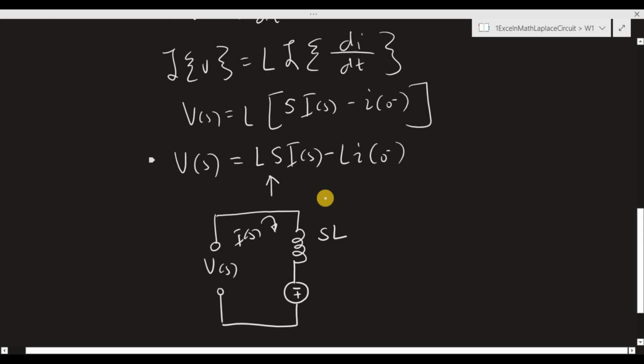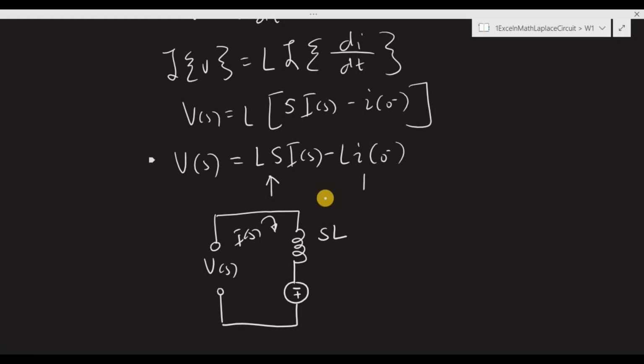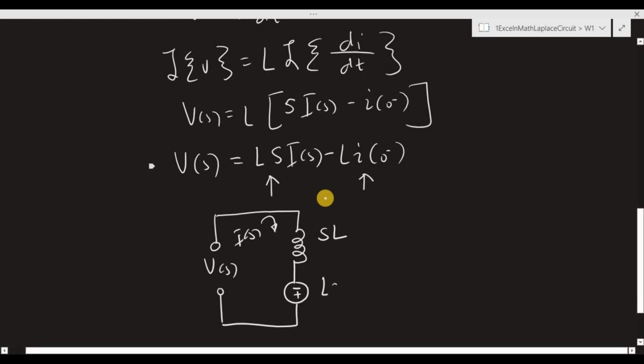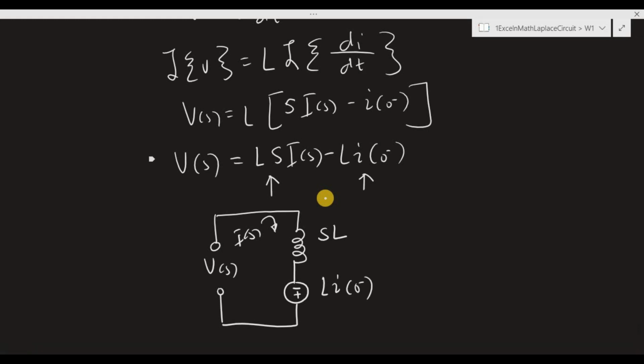And this voltage source is this term here, L I0 minus, and I0 minus is the current flowing through the inductor at time t equals 0 minus. This is the initial condition of the inductor incorporated into the circuit in the S domain. So this equation and this circuit are equivalent.